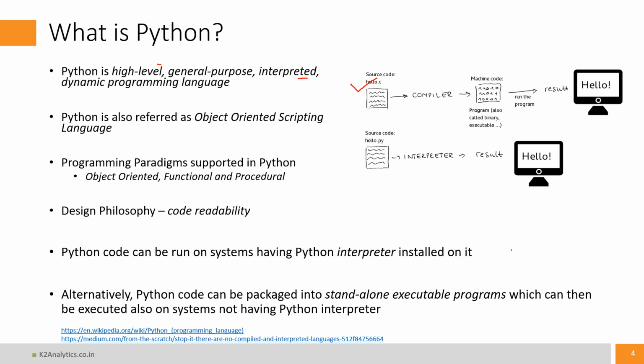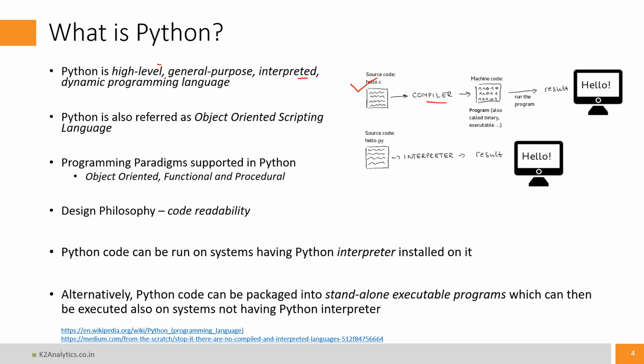Now coming to interpreted. Typically in Java or C, you write a code, and first you have a compiler. The compiler compiles the code and gives you a byte code, which is typically a machine code, understandable only by the machine.